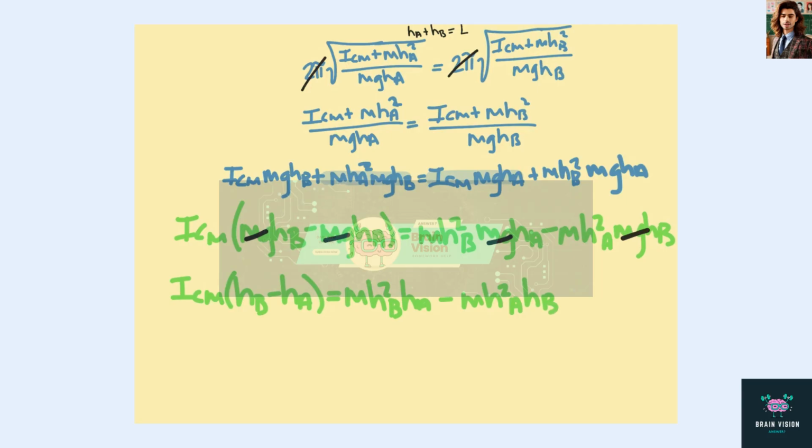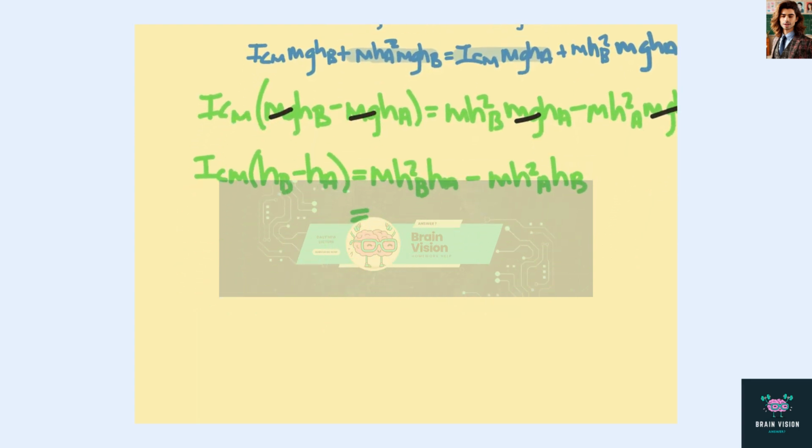We can remove mass from all the terms and put it outside, so we get H squared B HA minus H squared A HB.